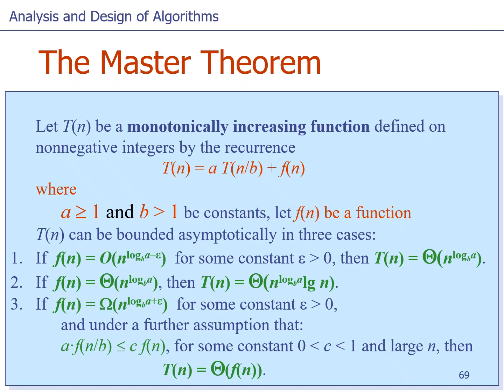So there will be a polynomial difference between the root level and the leaf level in terms of performance. Okay? But we're going to set another assumption. The assumption is that the branching factor a multiplied by f of n by b is always less than or equal to some constant multiplied by f of n.